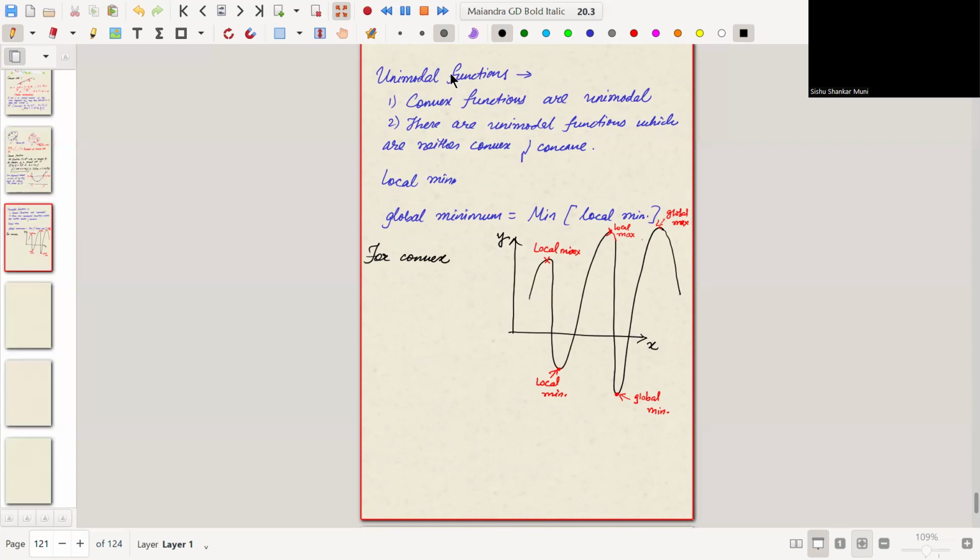But if you have only a unimodal function, then the local and global are the same.